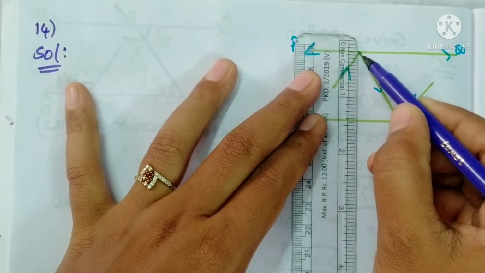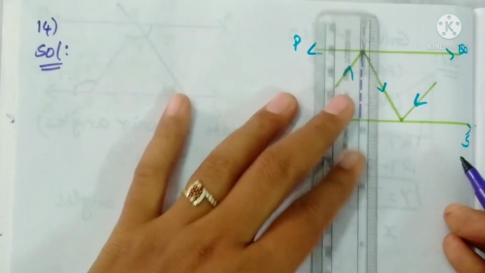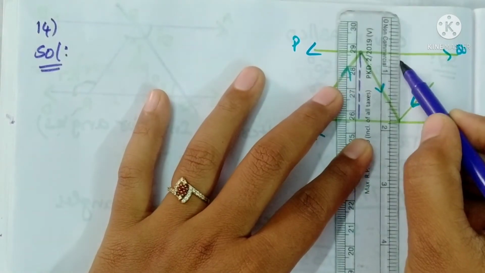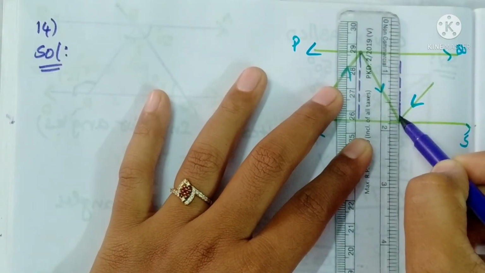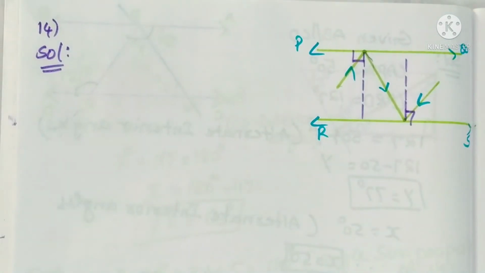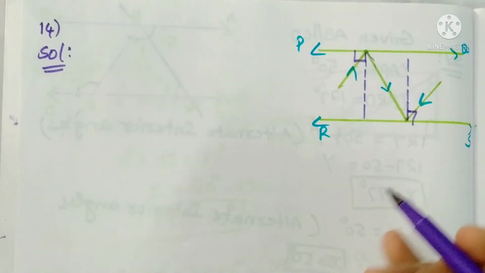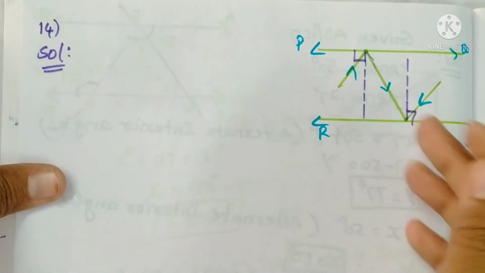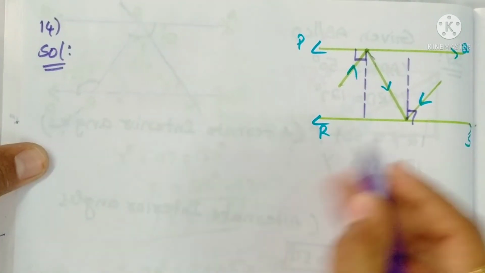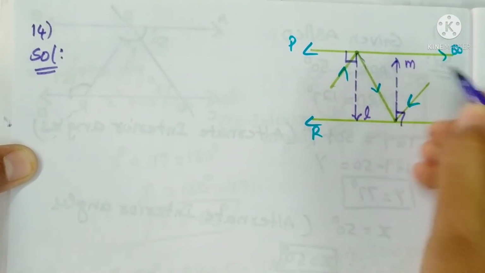So here we want to draw a perpendicular line, and here also a perpendicular line. This is perpendicular to this and this is perpendicular to this. So now these two lines are parallel. In the hint only they told, na, perpendiculars drawn to parallel lines are parallel. Okay, so let it be L and M.